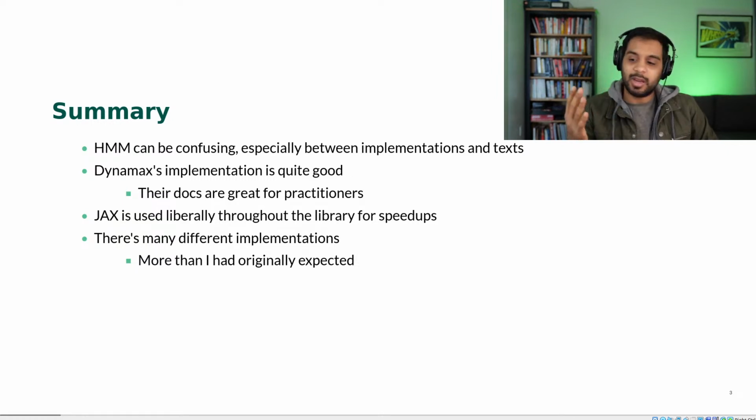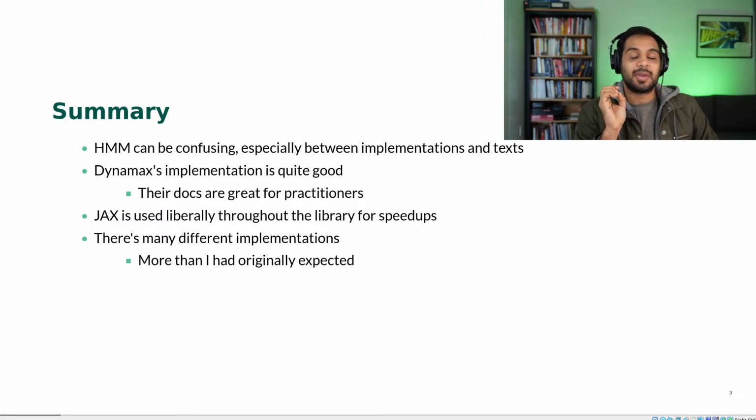I was curious if JAX was used in only one or two spots, but it's used in a lot of places, which is really nice because it does the speedups internally where you don't see it, and the documentation shows you many places where you as a user can use JAX to speed things up even more. So I'm really thrilled with the usage of JAX.